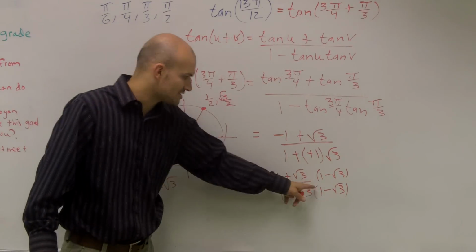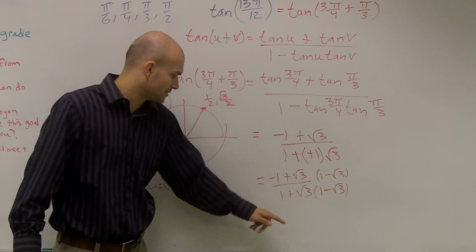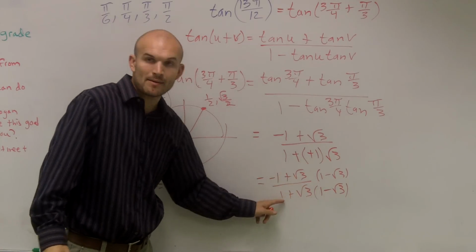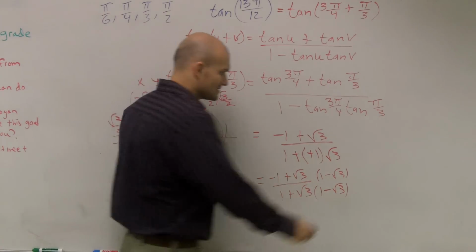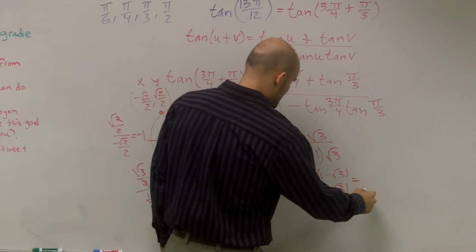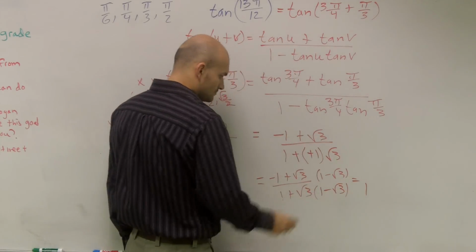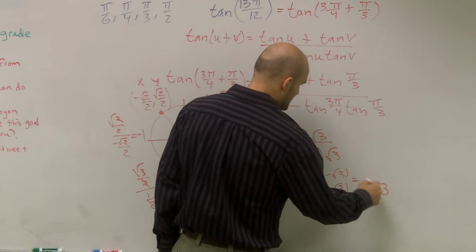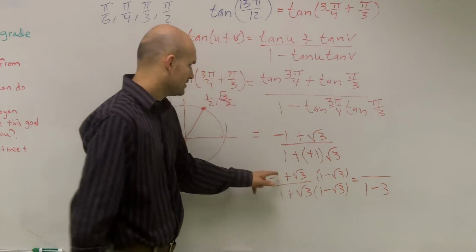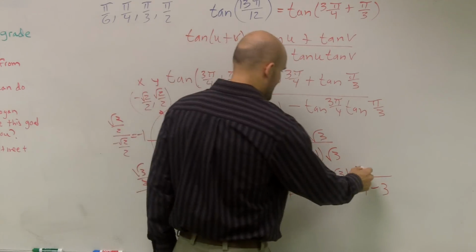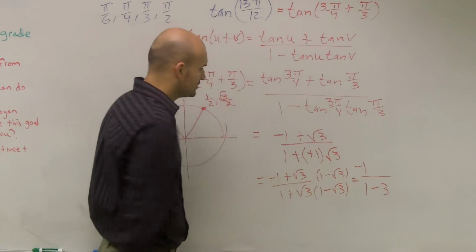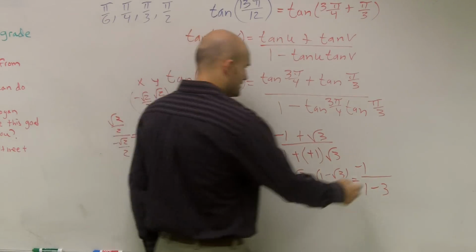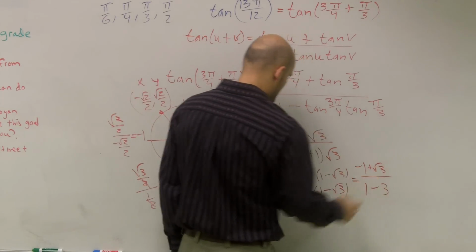When I multiply by the conjugate, remember this is the difference of two squares, so I can simply multiply my first two numbers and multiply my last two numbers. Therefore, on the bottom, I'm going to get 1 minus 3, all over negative 1 times 1 is a negative 1. Then 1 times radical 3 gives me a plus radical 3.